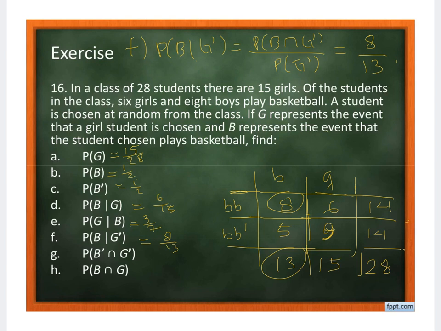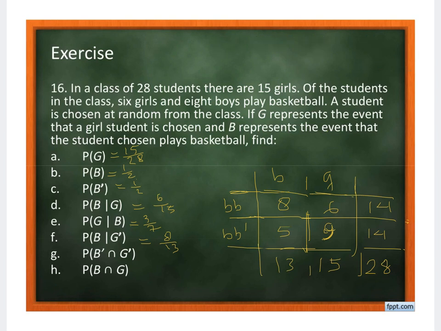Now for letter G. For letter G, the probability of B complement and G complement is this part, the 5 over 28.